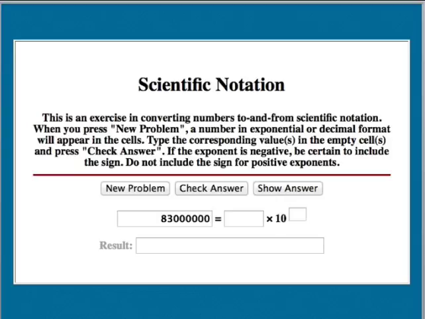Well, okay, we're going to have 8.3 as our coefficient, aren't we? So the first thing you would do is simply type in 8.3. Now, in order to get our exponent here, we had to move this 1, 2, 3, 4, 5, 6, 7 places. So that will be a 7. And by gosh, we got it right.